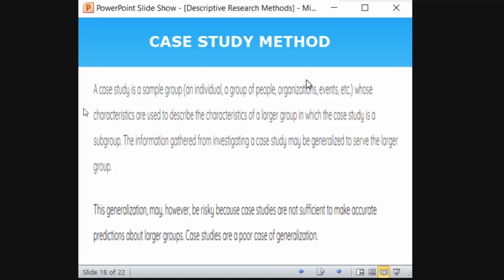Based on the result, you cannot conclude all the universities will have the same approach, or that the students of other universities will have the same approach. Sometimes it's risky. In certain cases, you can generalize, but in certain cases, there are risks. You are taking a particular topic or a particular phenomenon and analyzing it in depth. That is a case study.